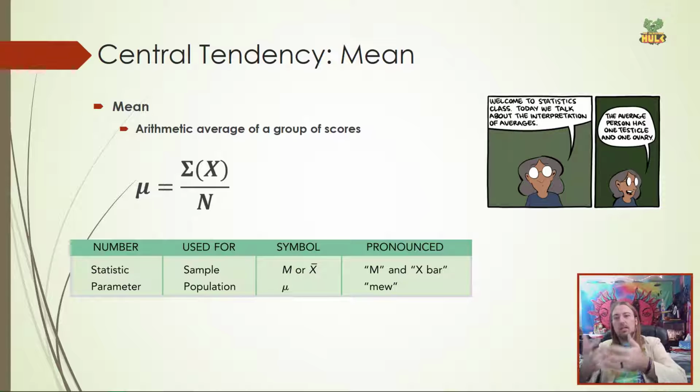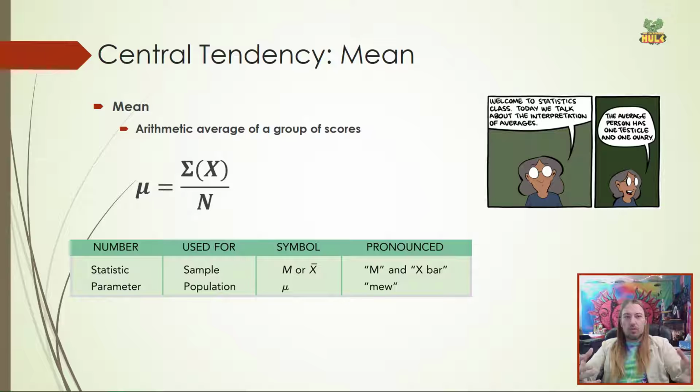So mu, the mean, is equal to sigma x. That big Greek character that looks like a fancy E is called sigma. That's uppercase sigma, and it means the sum of. So in this case, because x is in parentheses, it's saying the sum of all of the x's. So x's are your individual raw scores on that variable x. So whatever your variable is, let's say the height of people in our class, this is saying sum all of the heights.